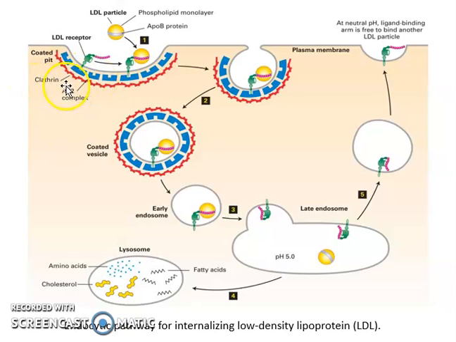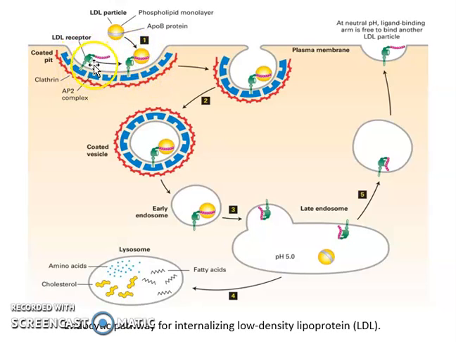So this receptor binds to the LDL particle, and after binding, proteins called clathrin and AP2 proteins, these coat proteins, will form a vesicle that will ultimately transport the LDL particle.